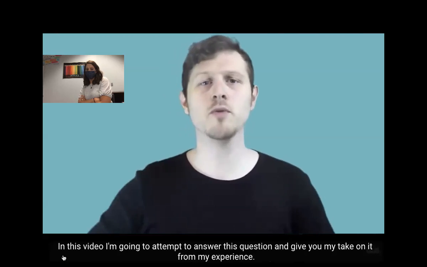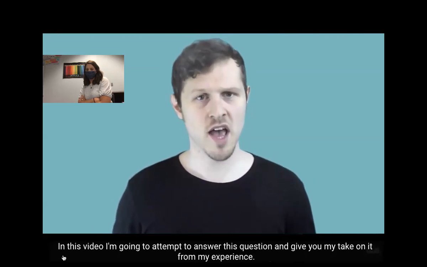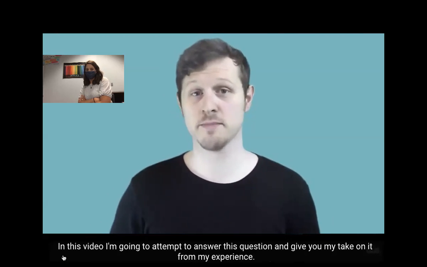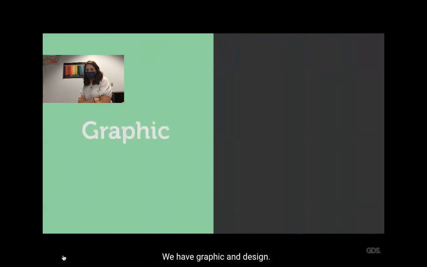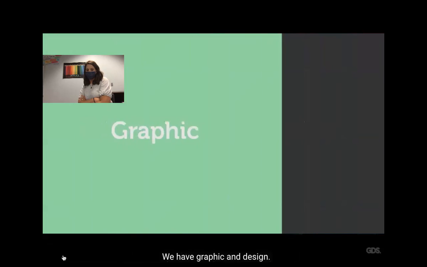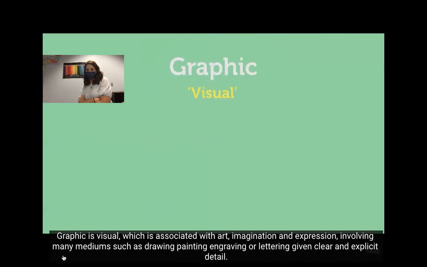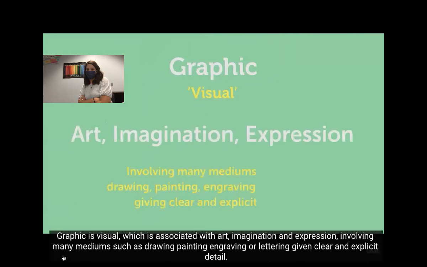In this video, I'm going to attempt to answer this question and give you my take on it from my experience. So what is graphic design? Well, let's start simple. So with graphic design, we have two things. We have graphic and design. Graphic is visual, which is associated with art, imagination, and expression, involving many mediums such as drawing, painting, graving, or lettering in clear and explicit detail.